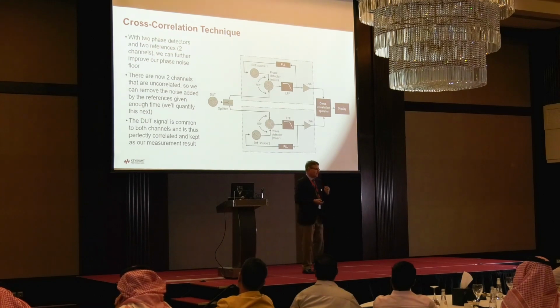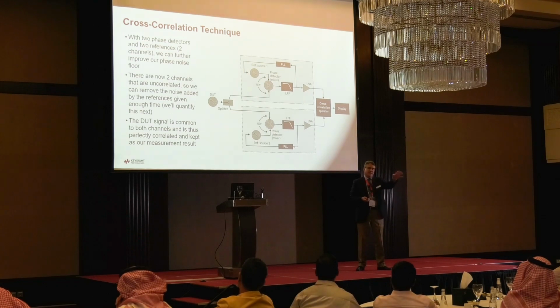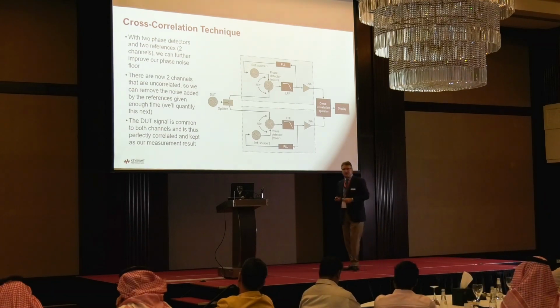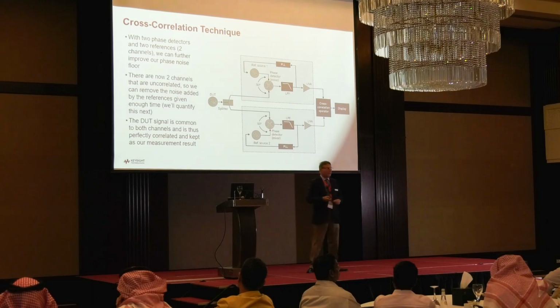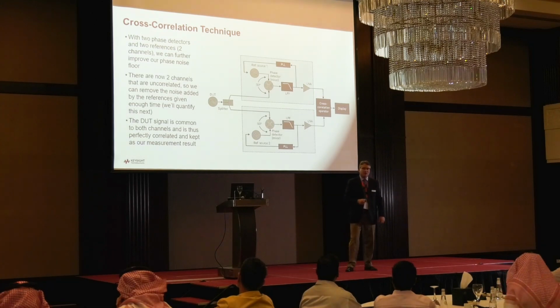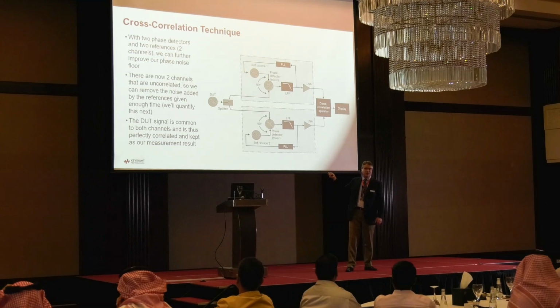So we can use the benefit of common moding by cloning that whole measurement chain a second time and having a mirror image using a different reference source. And so now the noise associated with this source is uncorrelated with the noise associated with my first reference source, and I just split the output of my device under test into the two channels.